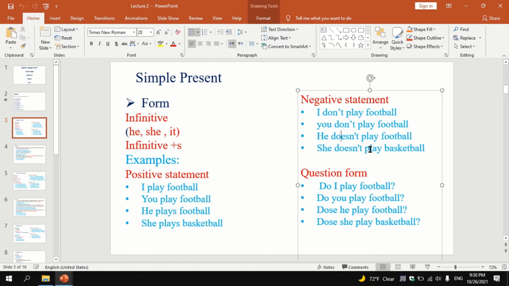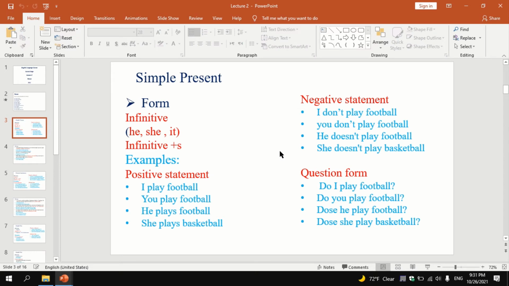To make any question sentence in the English language in the simple present, we see these examples to help us to understand how to make a question in the simple present. Do I play football? Here we use do with verb play. Do you play football?